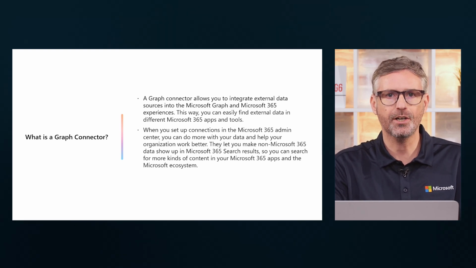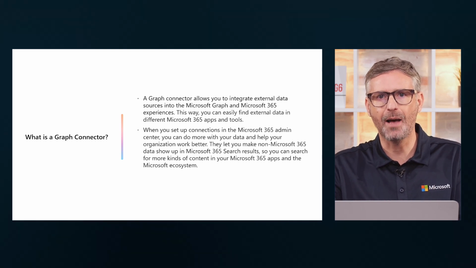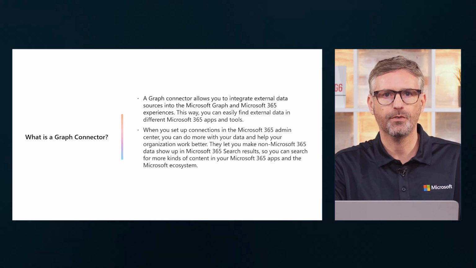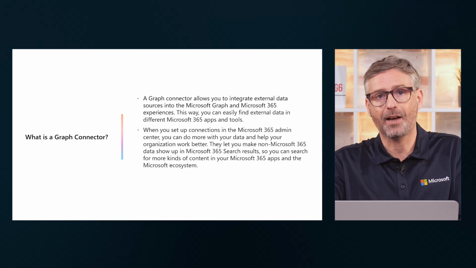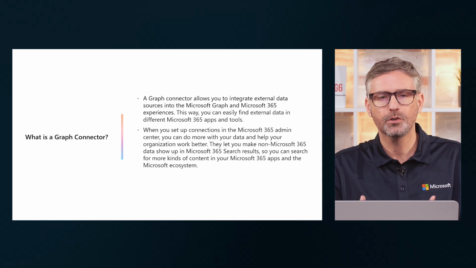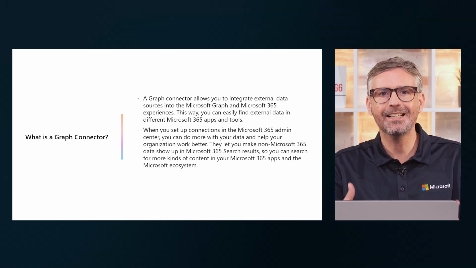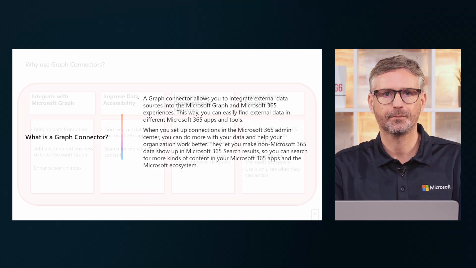So you can search for more kinds of content within your Microsoft 365 apps and the Microsoft 365 ecosystem. And Microsoft 365 Copilot will also be able to provide answers, insights, and more based on that data.